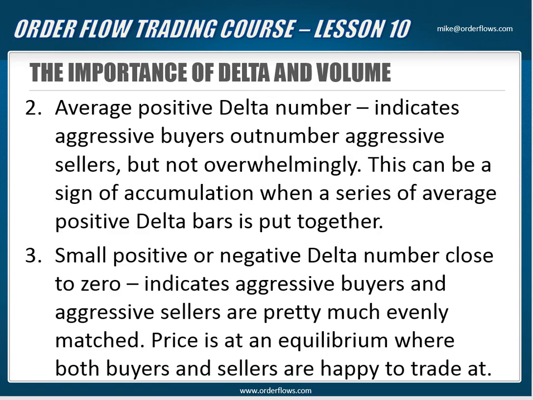A small delta number close to 0, positive or negative, indicates aggressive buyers and sellers are pretty much evenly matched, prices at equilibrium, where both buyers and sellers are happy to trade. What I consider that is a number less than 100, either positive or negative, because a perfect 0 is rare.